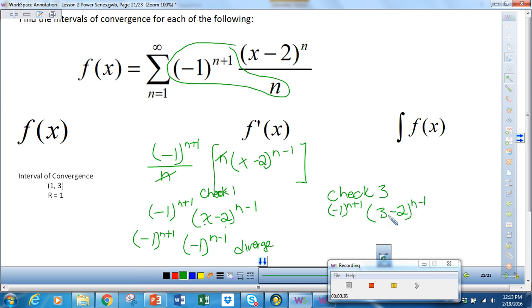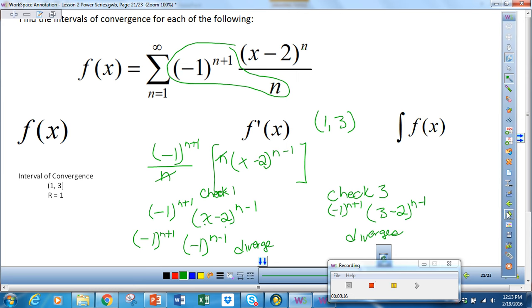Once again, this is just going to be 1. So regardless of whether or not this alternates is irrelevant, because we know that that limit is not 0, so this diverges as well. And so for the derivative, the interval of convergence is 1, 3, neither are included.